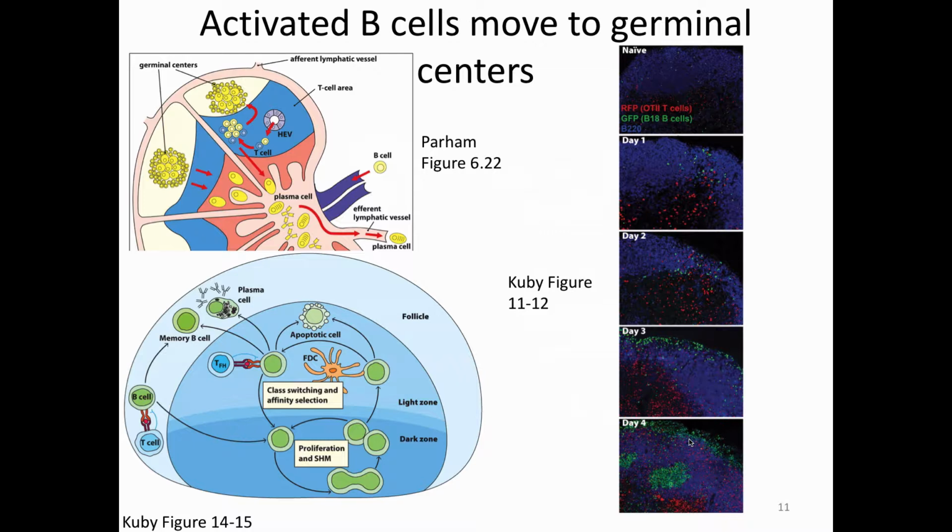So at the beginning, our T cells come in to the lymph node and they go to the T cell area. And our B cells come in to the secondary lymphoid organ and they go to the B cell area. Once the T cell is in the T cell area, the T cell needs to find a dendritic cell.